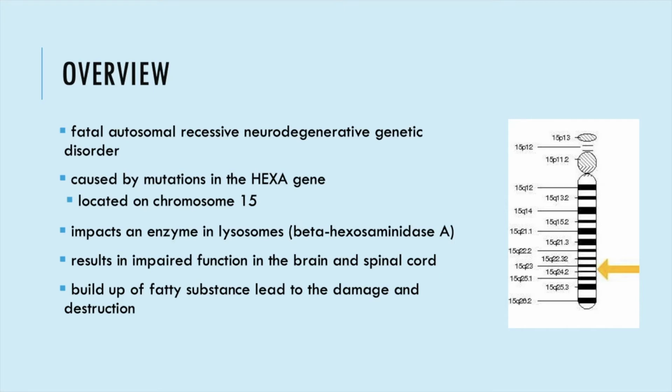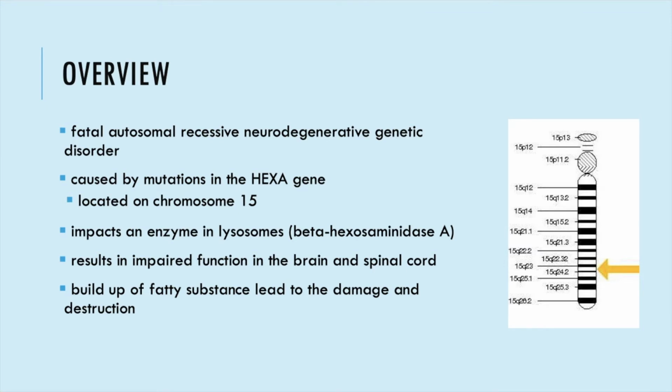So this disease is a result of mutations in the HEXA gene, which is located on chromosome 15, as you can see in the diagram to the right. The gene is responsible for producing an enzyme in lysosomes called beta-hexosaminidase A. And the reason that the mutation is so drastic is because it results in impaired function in the brain and the spinal cord.